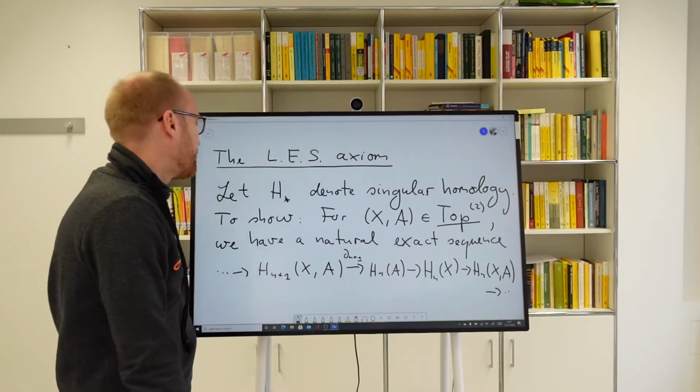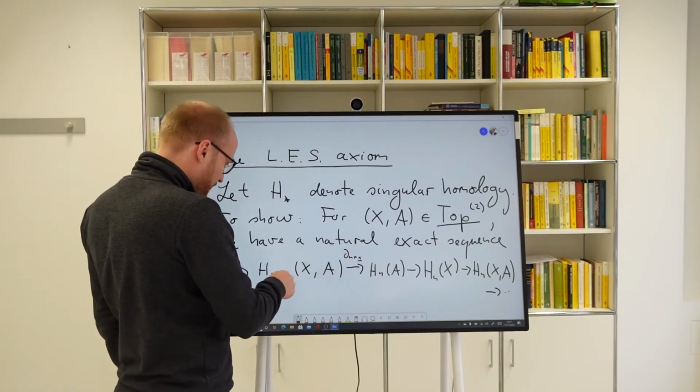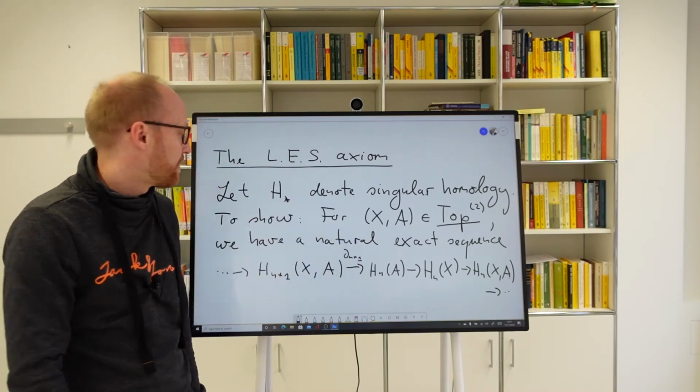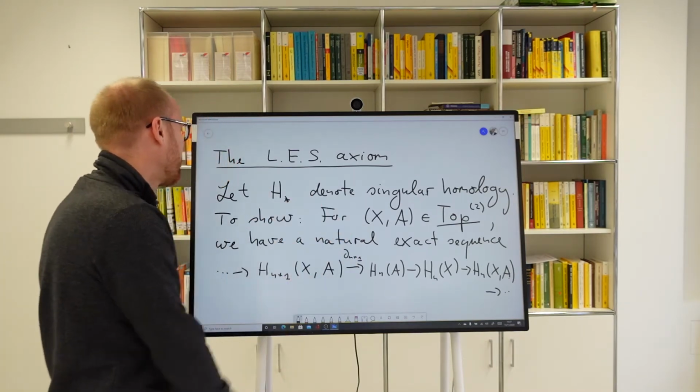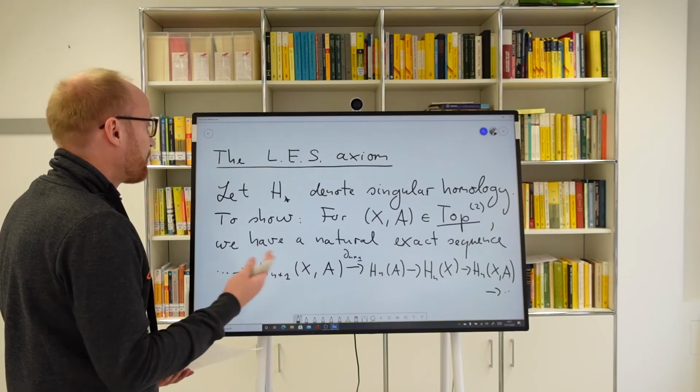The natural transformation between this functor and the composition of the two functors I just mentioned, that's supposed to be a natural transformation, and this we still have to construct.